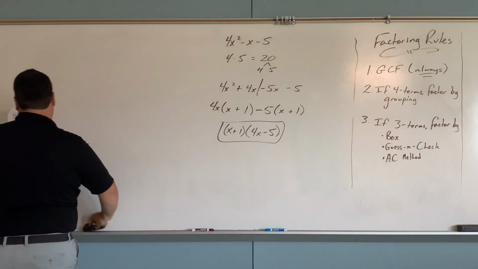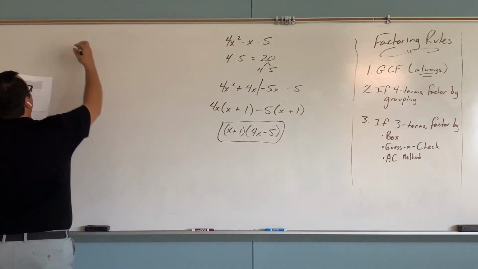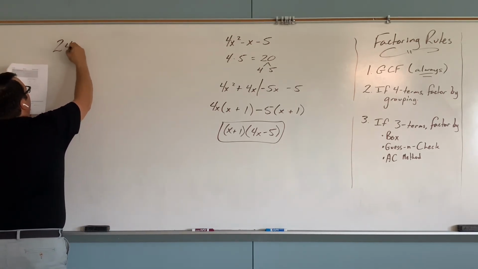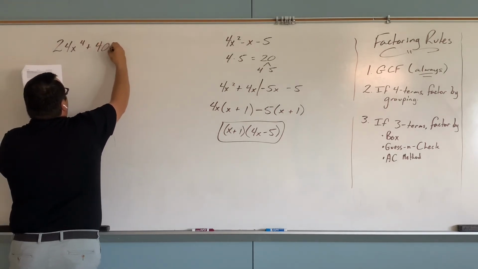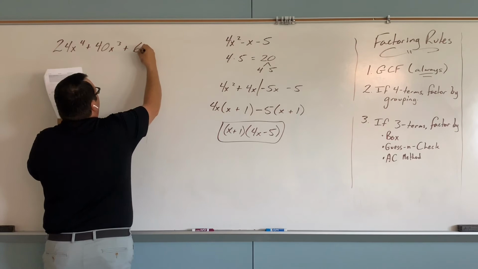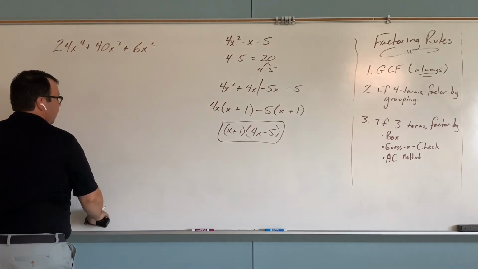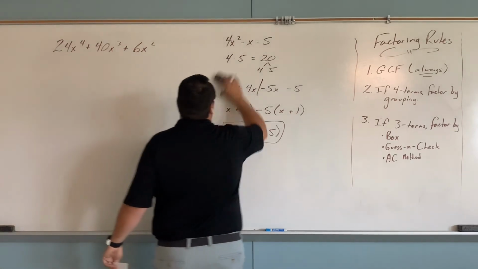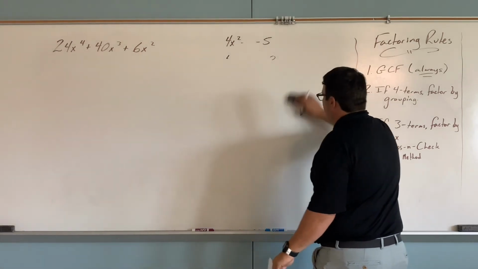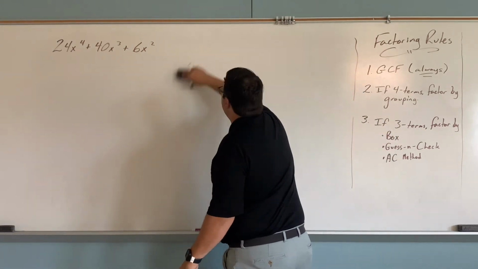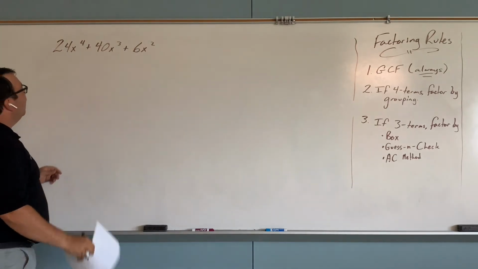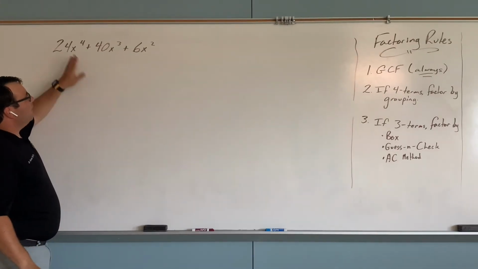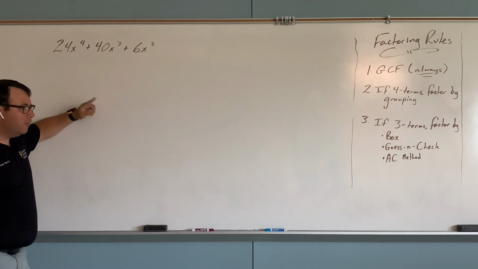Let's try another one. I have 24x to the fourth plus 40x cubed plus 6x squared. And you might be looking at this like, oh no, that looks terrible. What do I do? Help me, Obi-Wan Kenobi. You're my only hope. All right. It's not that bad. Go back to your factoring rules.